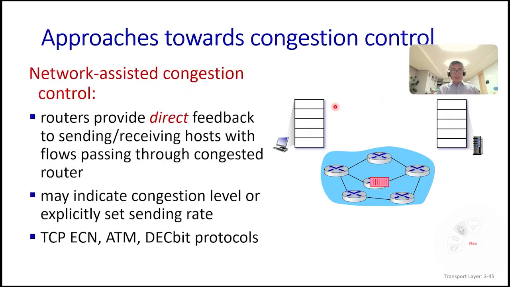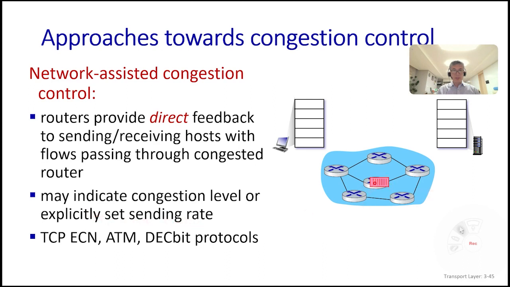And the next one is network-assisted congestion control. Routers provide direct feedback to the sending and receiving hosts with flows passing through the congested router. It may indicate the congestion level or explicitly set the sending rate.